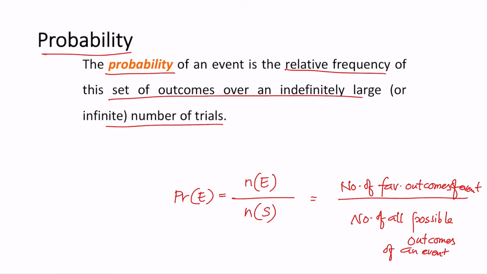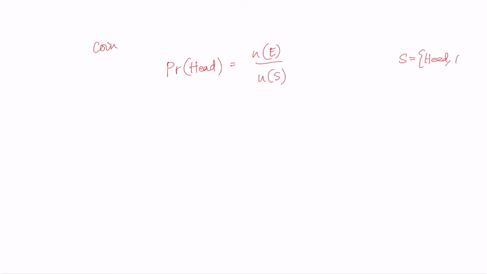Let's take a simple example. Let's say you're throwing a coin in the air and you want to find the probability of heads. The formula is the number of favorable outcomes, n of e, by the number of all possible outcomes, n of s. We know the sample space contains two outcomes, head and tail, and the event that you want should only contain head.